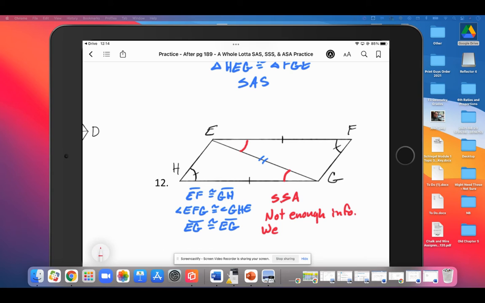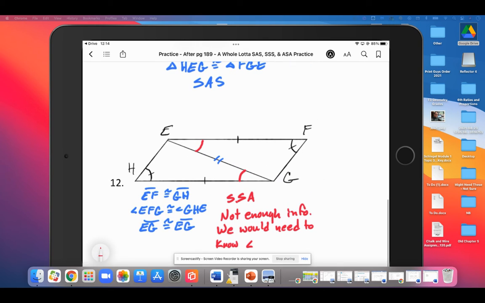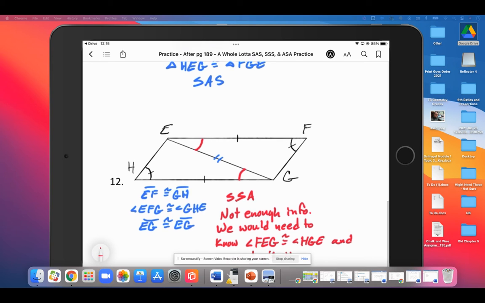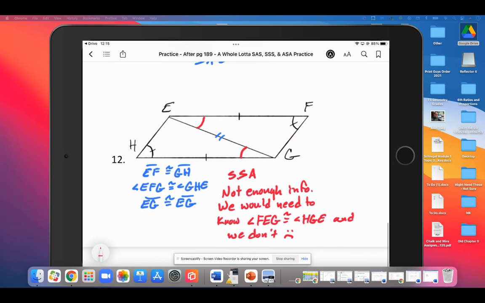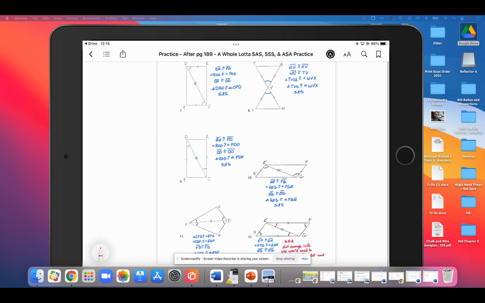We would need to know that angle FEG was congruent to angle HGE. And we don't. Okay, so number 12 is not enough information.